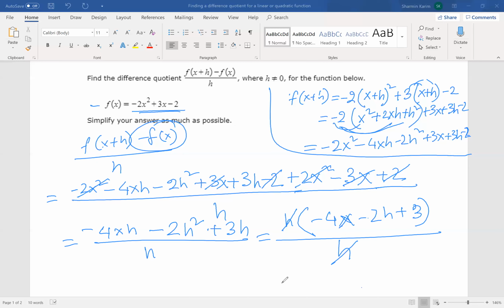And we end up with negative 4x minus 2h plus 3. So that will be the final answer for this question.